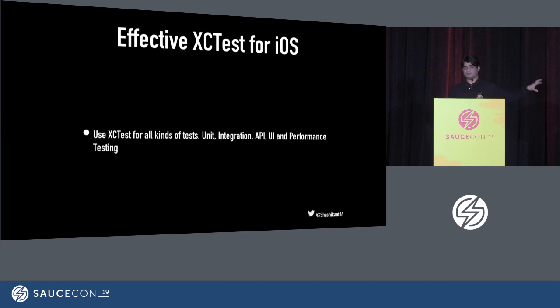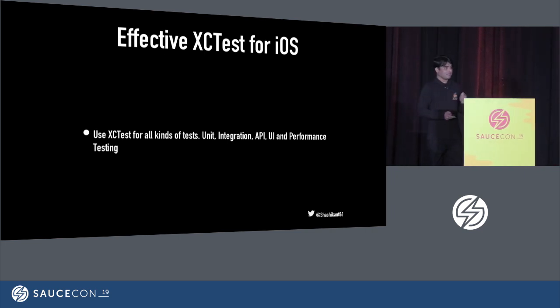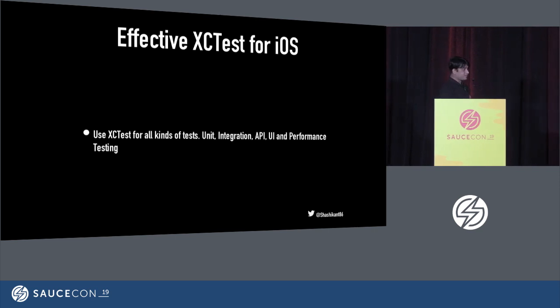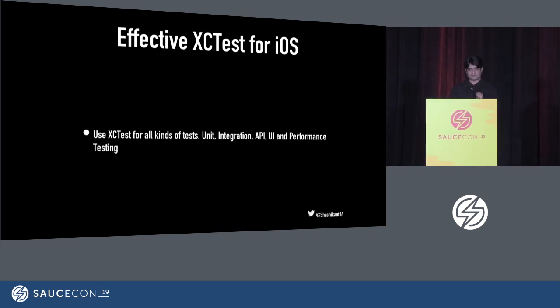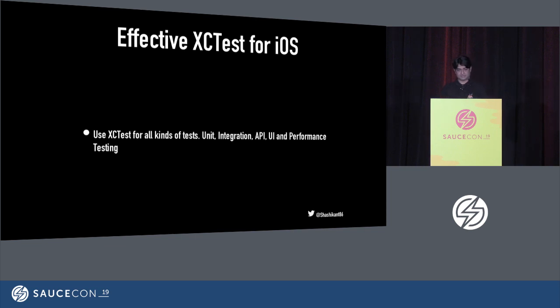That's okay for testing your backend API. But what about front-end? As you have probably heard in the keynote, Charles mentioned that front-end performance testing is key. And luckily, the XCTest framework allows you to write front-end performance tests for your iOS app, straight using XCUITest.